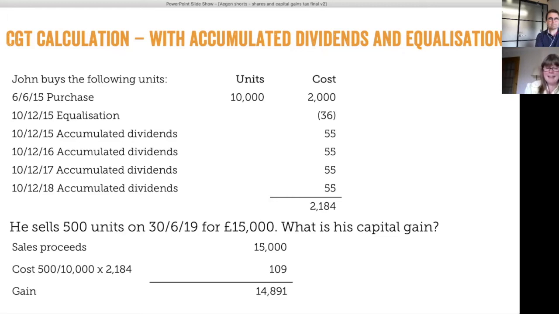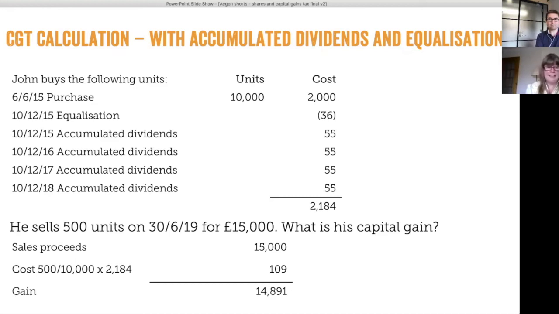So in the capital gains tax calculation, he actually gets some relief for what is known as an equalisation payment. At the end of the first dividend period, when the dividends are declared, there'll be a tranche of dividend that's equalisation, and a tranche that's subject to income tax, and that breakdown will be shown on the consolidated tax vouchers.